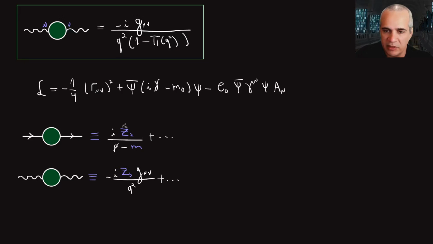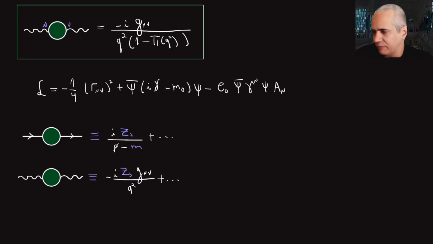So I'm calling the Z of the electron Z2 and the Z of the photon Z3. And that also defines the physical mass, m here. And already I'm incorporating this discussion for the photon, so I'm not even trying to put a physical mass of the photon here. I know this pole will be at 0, so all that I have to deal with is the residue.